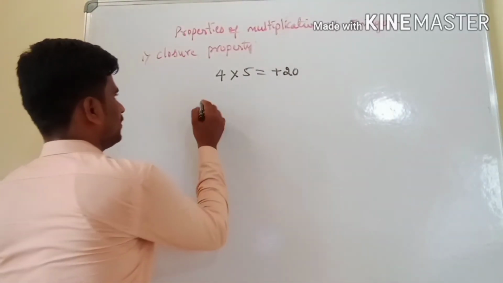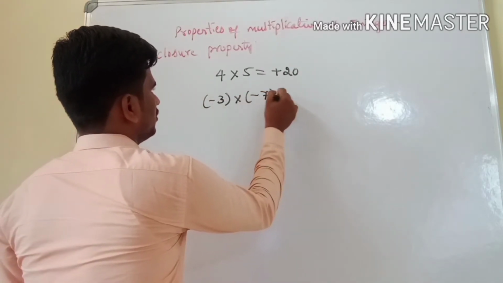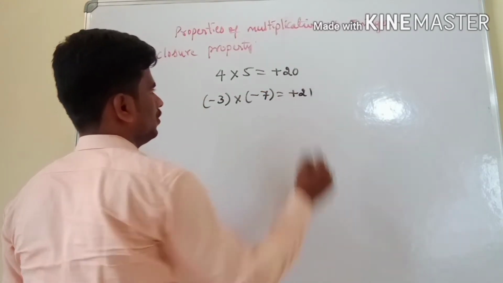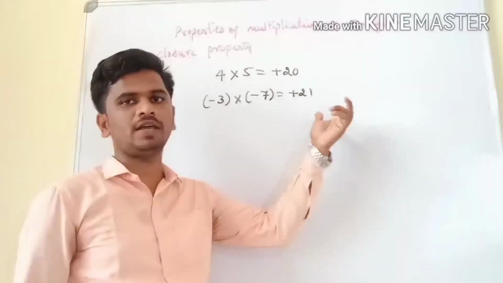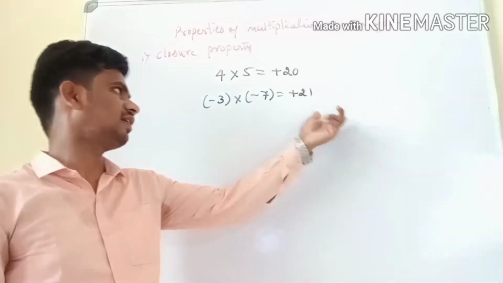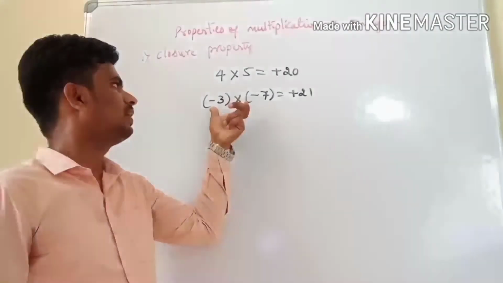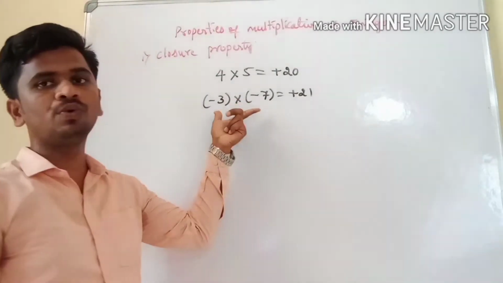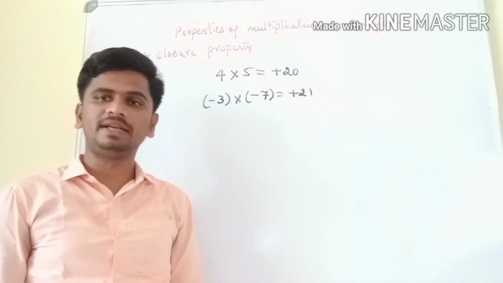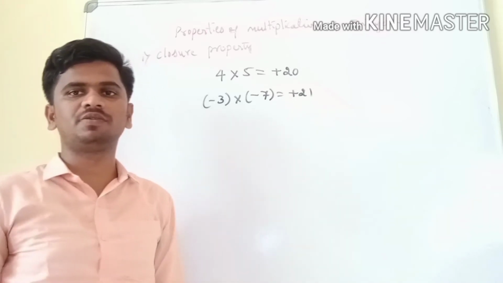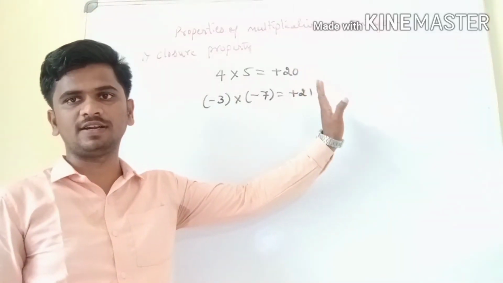Consider another example, minus 3 into minus 7. Its value will be plus 21, because we know that the product of two negative integers is a positive integer. Here plus 21 is also an integer. Whether it is positive or negative does not matter, but it is an integer.